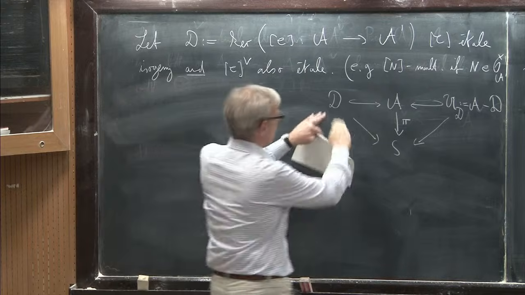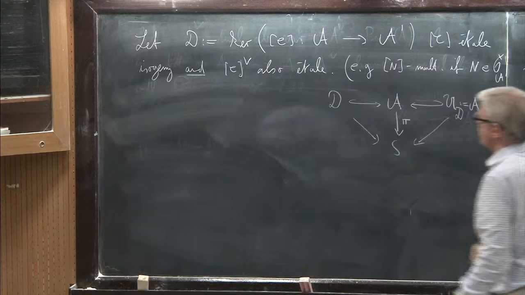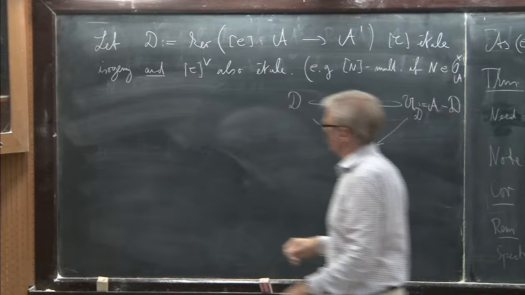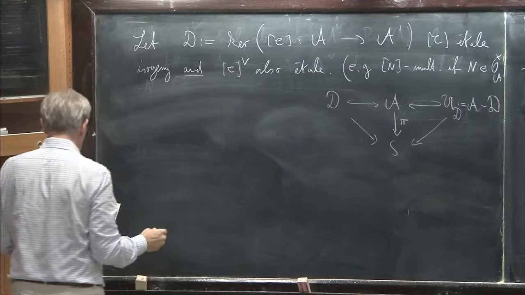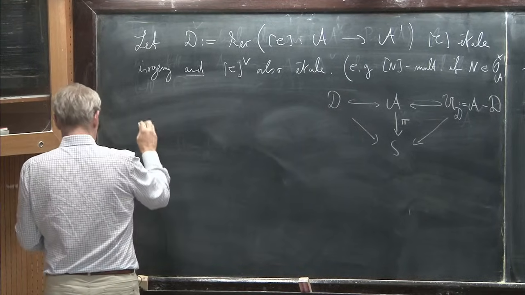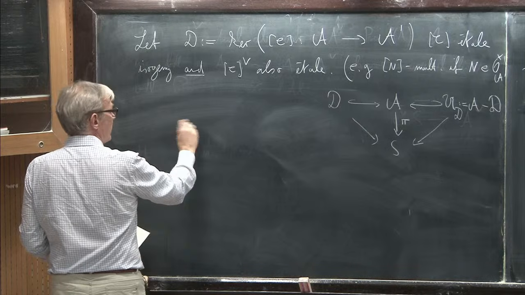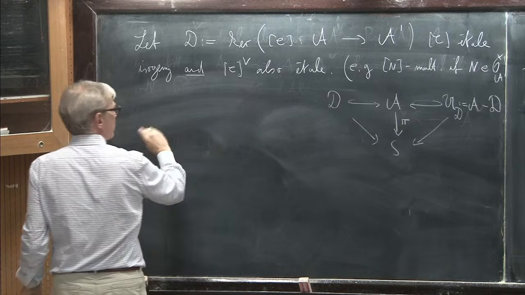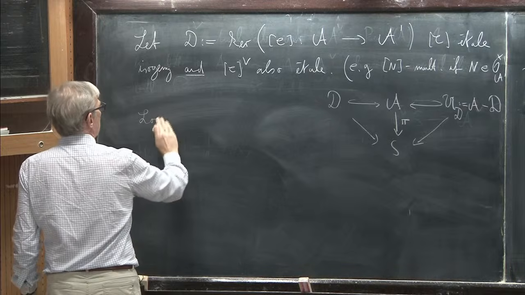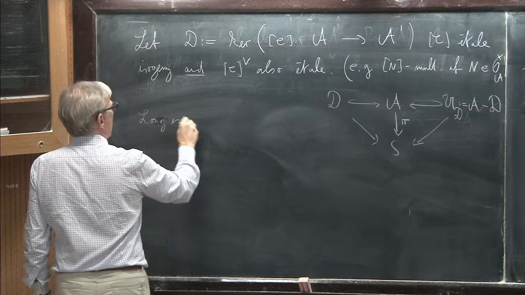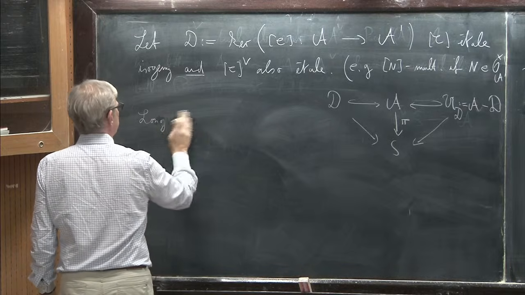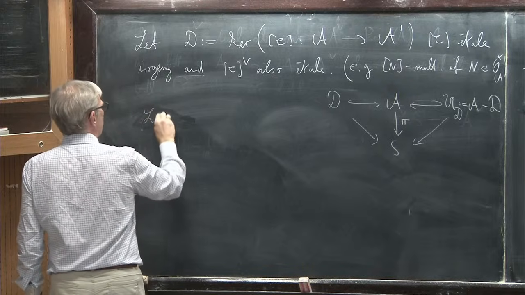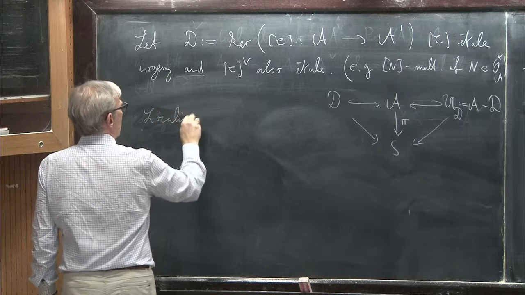And now we're exactly in the same situation as we have been on Tuesday. And here we can now look at the long exact cohomology sequence, the localization sequence in this situation.